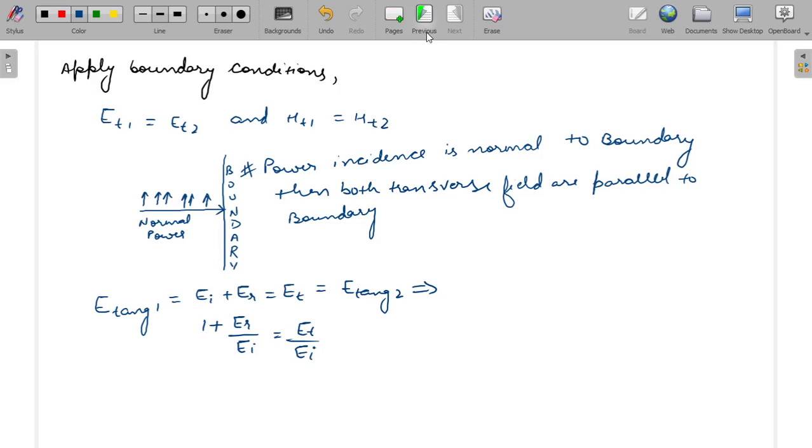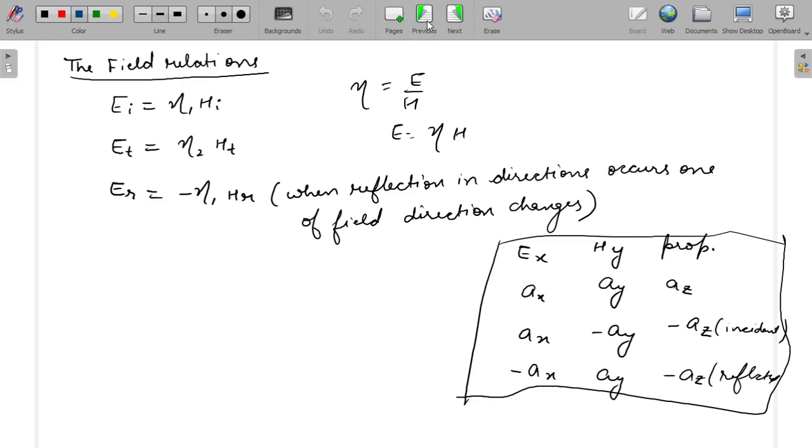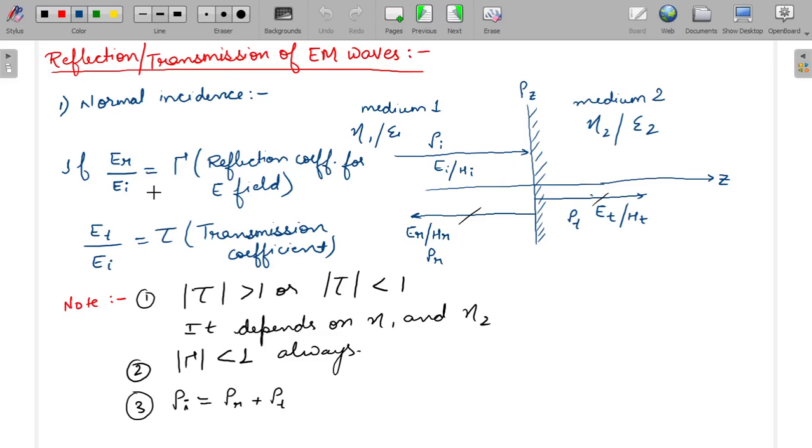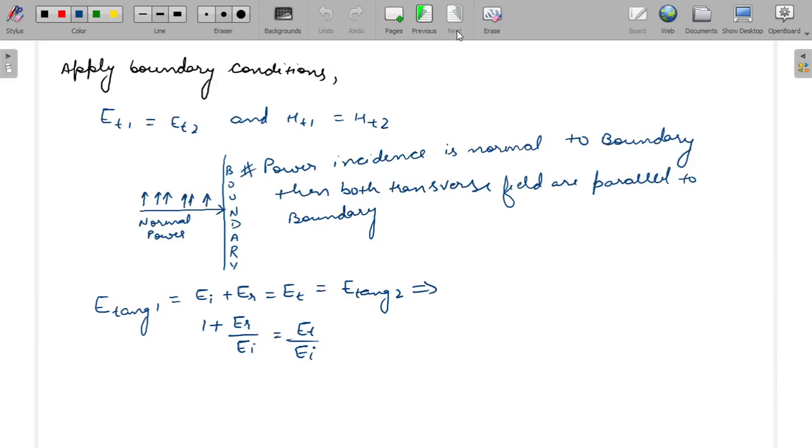What is Er by Ei? Er by Ei is the reflection coefficient, and Et by Ei is the transmission coefficient. So we get the relation 1 plus reflection coefficient equal to transmission coefficient. Very, very important equation. You can take it as equation number 1.